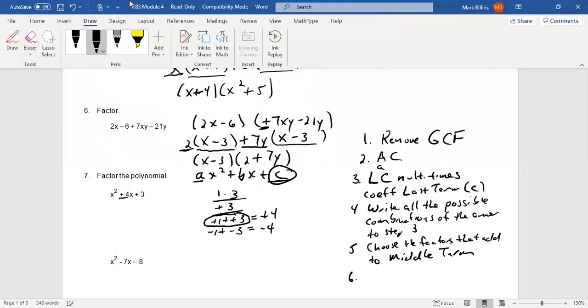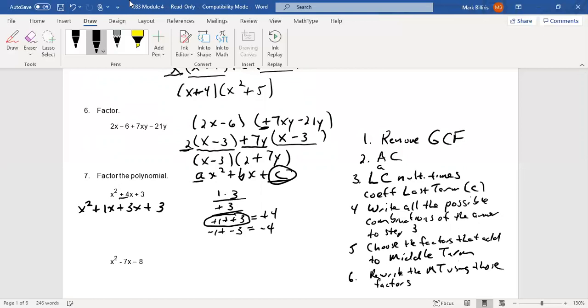So my next step is to rewrite the middle term using those factors. So I'm going to rewrite this as x squared. Order doesn't make a difference. Plus 1x plus 3x plus 3.